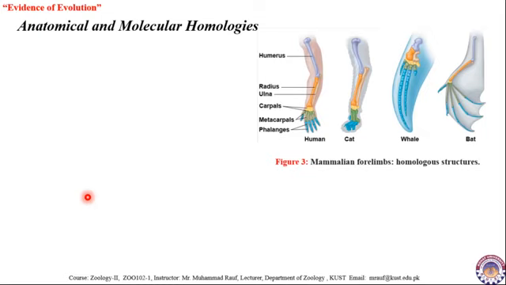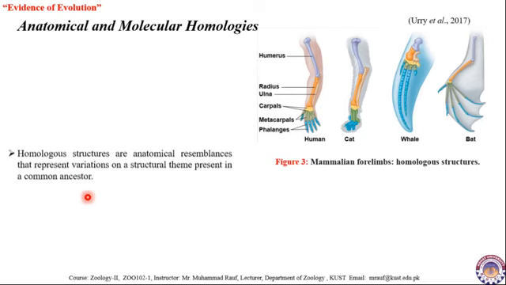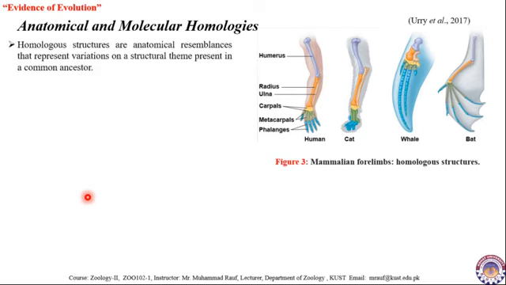Some of these features make little sense except in the context of evolution. Homologous structures are anatomical resemblances that represent variations on a structural theme present in a common ancestor.